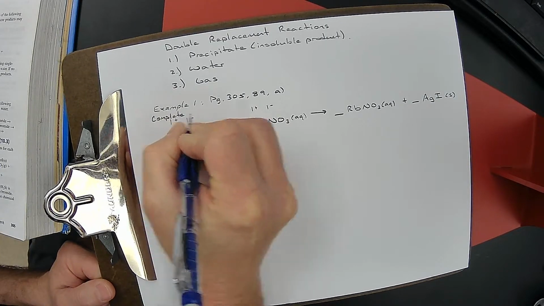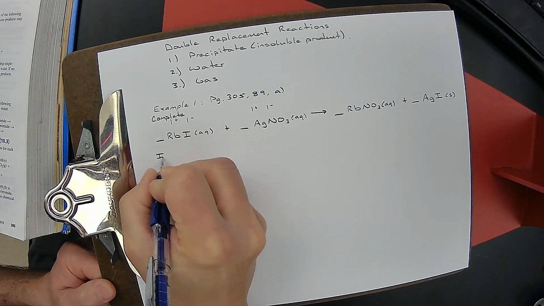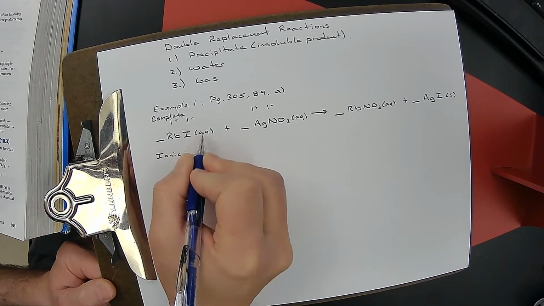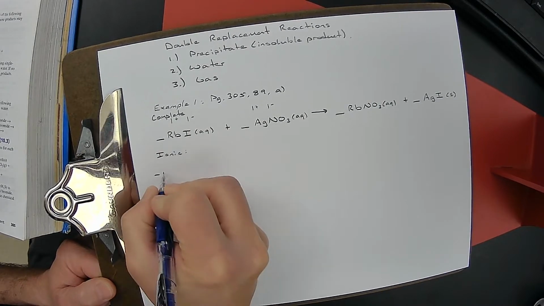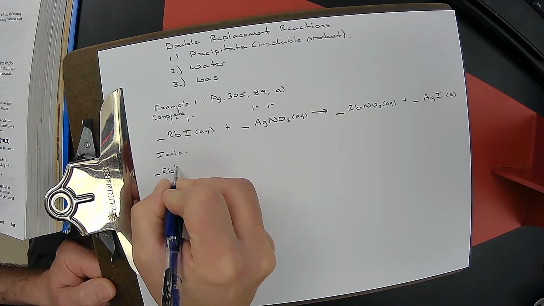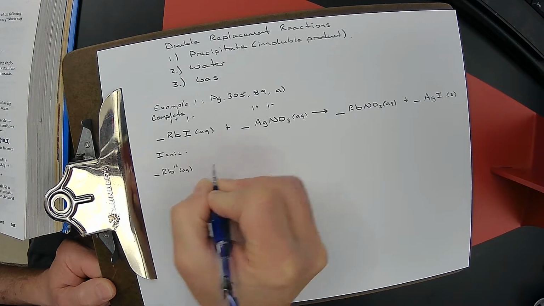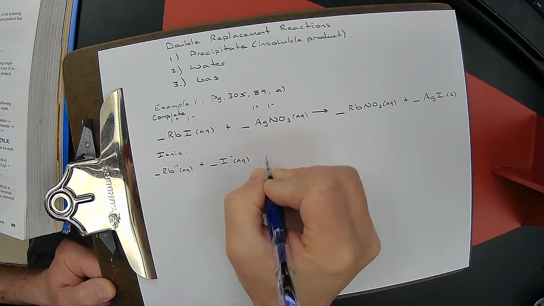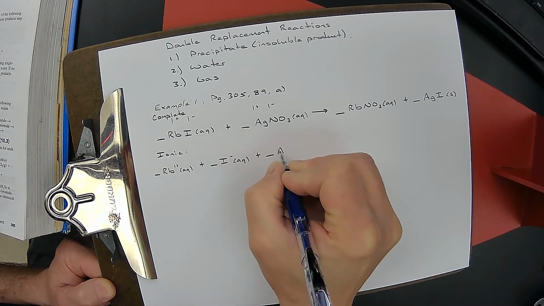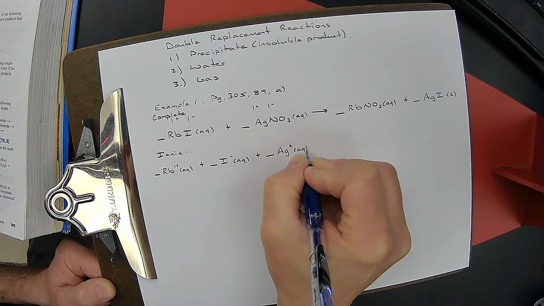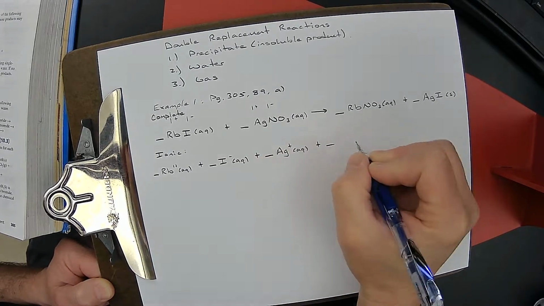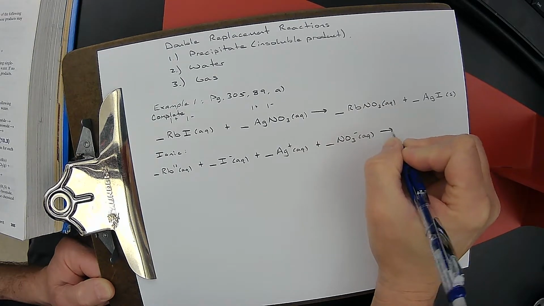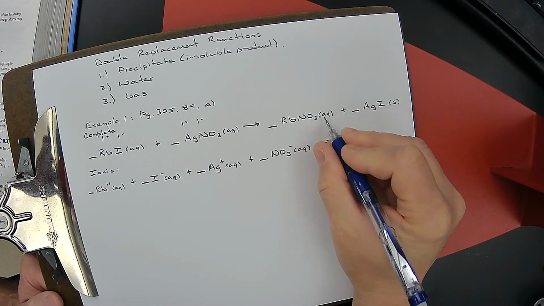Now I'm going to look at the ionic equation. Well, the ionic equation takes each one of these that are aqueous and separates them into their individual ions. The reason that they're separated is that aqueous means it separated them into their individual ions. So all of these that show aqueous, I'm writing as separate individual ions.